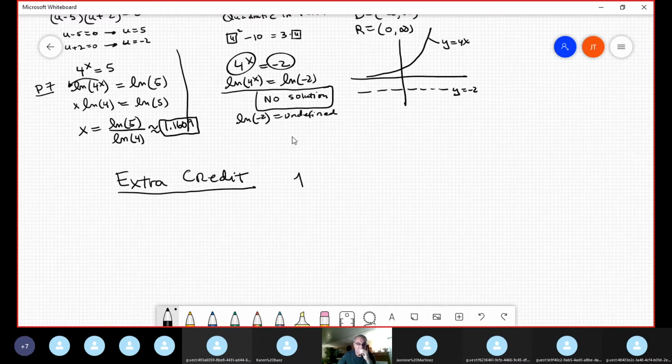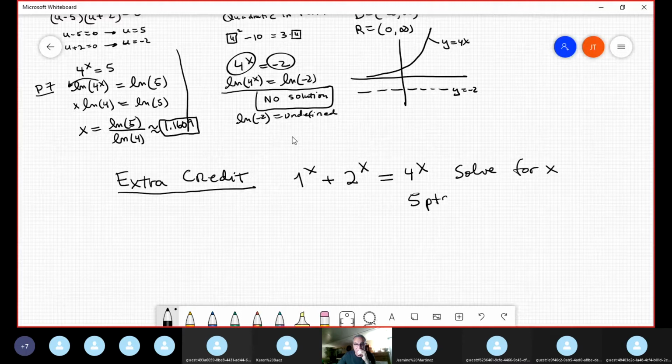Extra credit. The equation is 1 to the x plus 2 to the x is equal to 4 to the x. Solve for x. 5 extra points on test number 4.